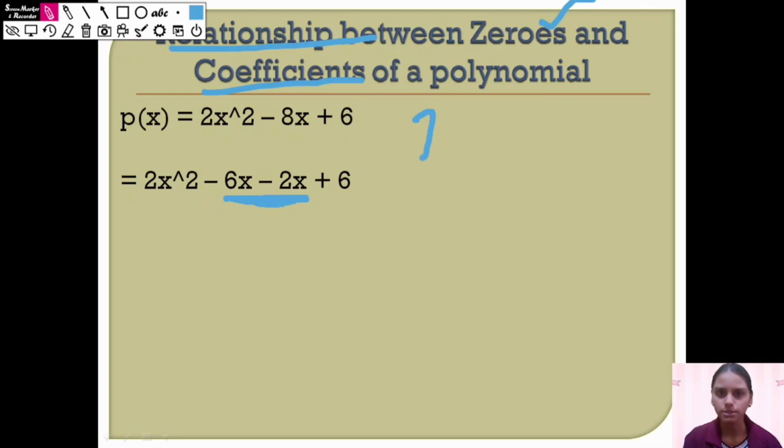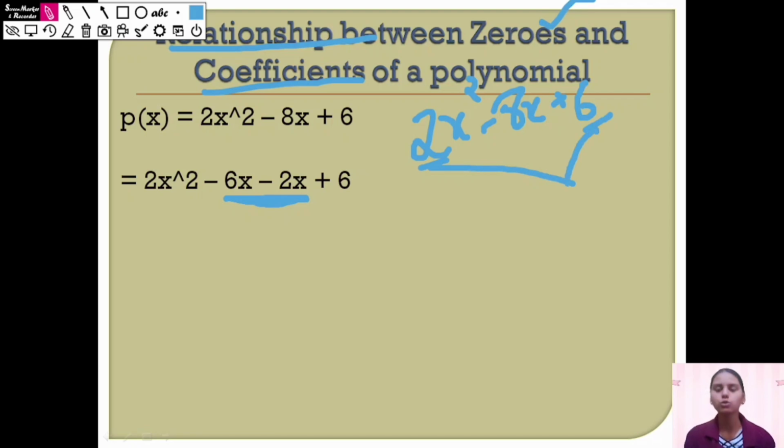First, let me write it properly once: 2x square minus 8x plus 6. Now multiply these both, the coefficient of x square and the constant. All this is important; you're going to use all this to solve. Actually, all this is taught in 8th standard, the factorization method. But if you don't know, it's okay, now you learn.